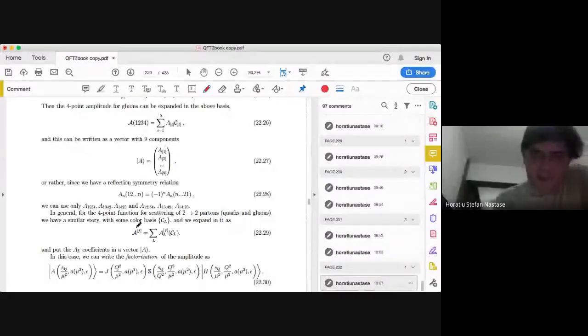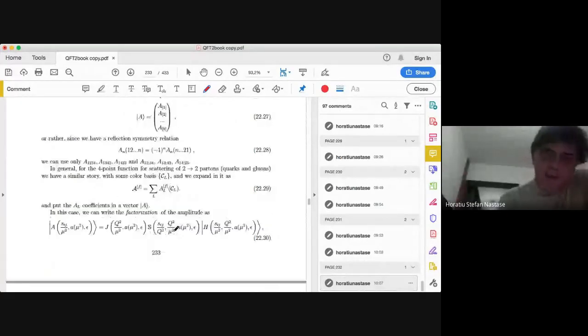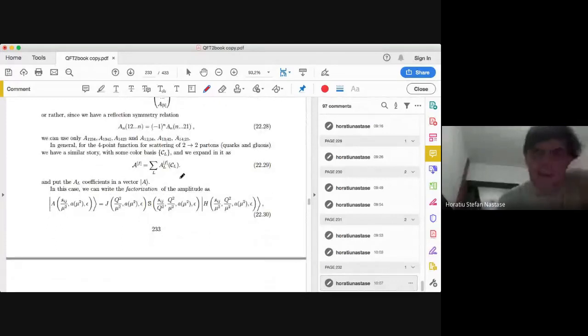But anyway, the point is, I write an amplitude expanded in these 6 color structures. Summarizing, I write it as a ket vector, remembering what this means.